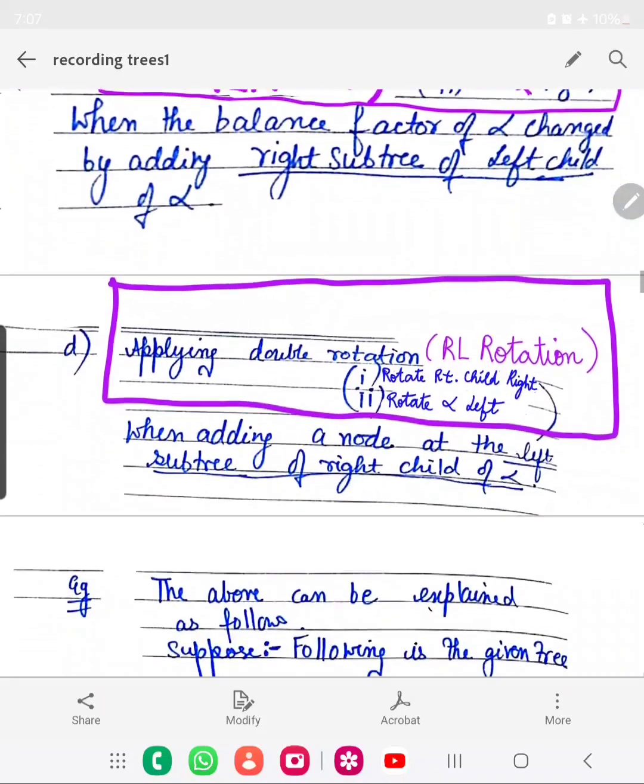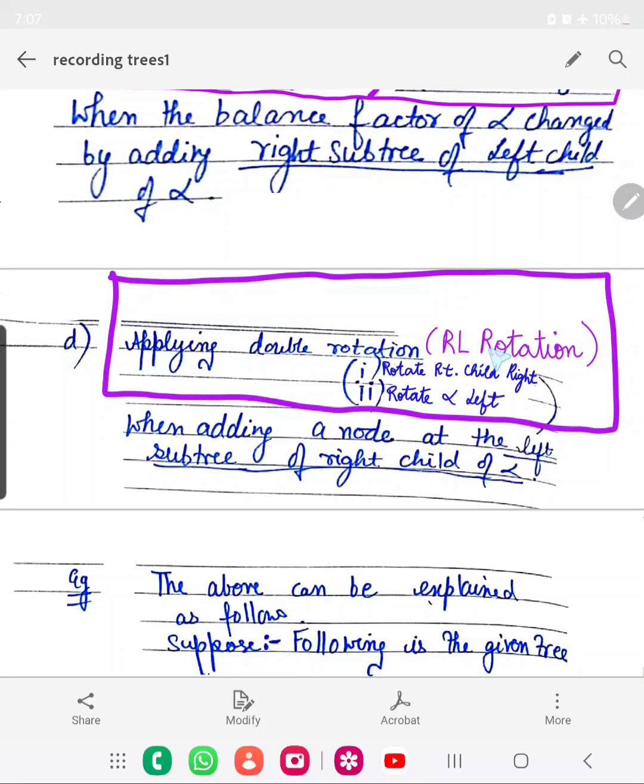Then we have another rotation which is RL rotation, which occurs when a node is added to the right child of alpha and in the left subtree of the right child. So if a node is added at the left subtree of the right child of alpha, then we apply RL rotation.